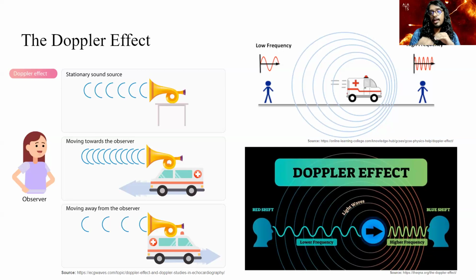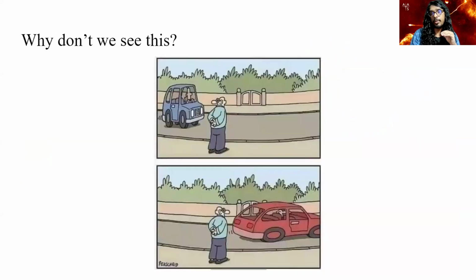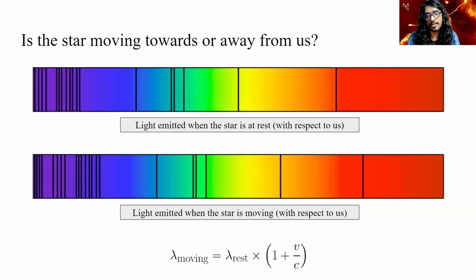So the lines that are supposed to appear in regular places. In the stars, as we noticed in the previous slides, the spectra are not smooth, right? The spectra are jagged. The spectra have something called absorption lines.